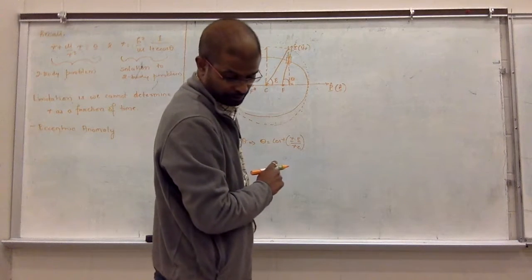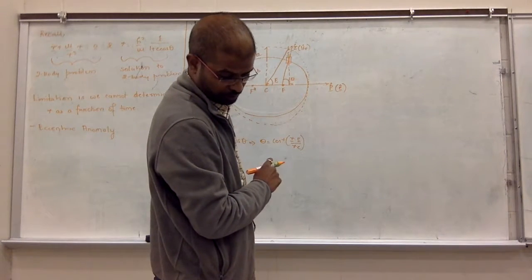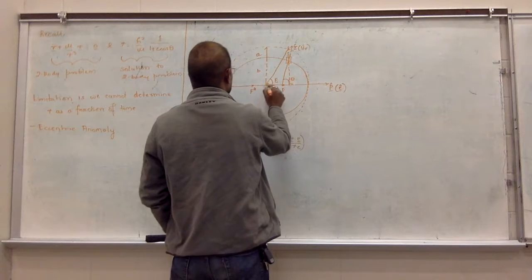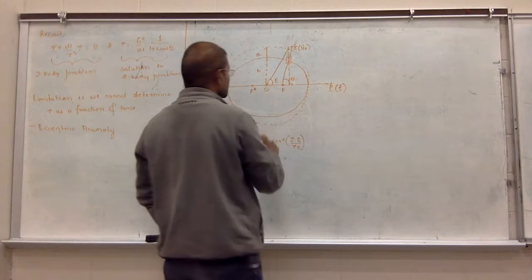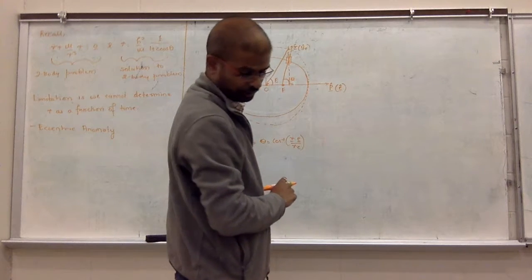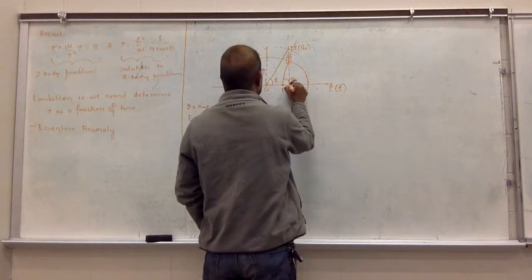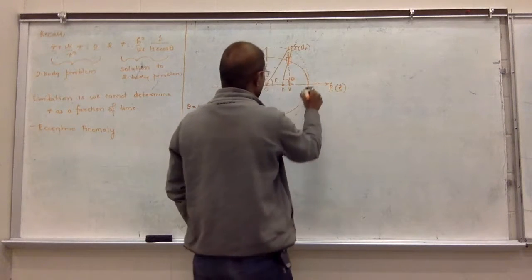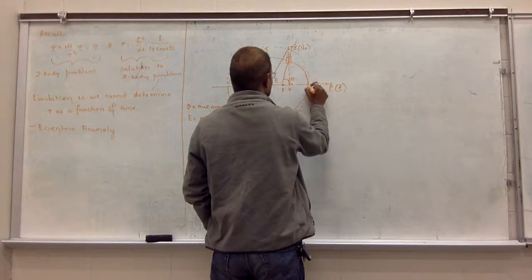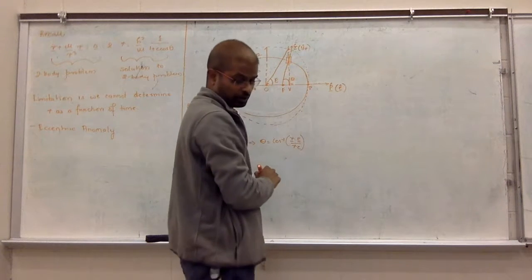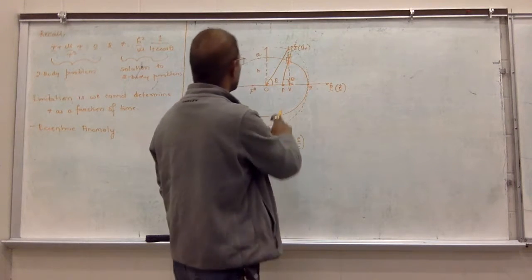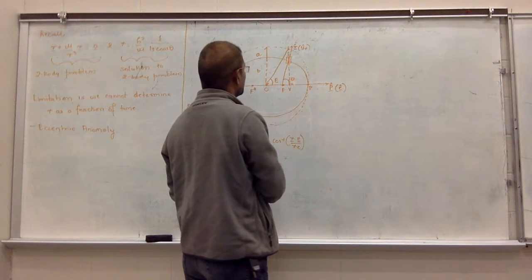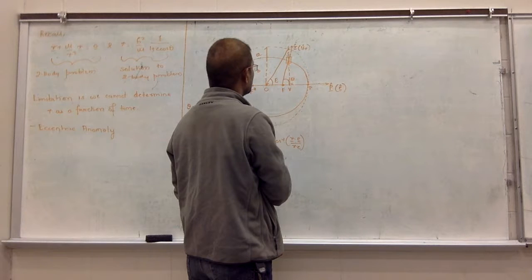I'll name this. So here, let's call this O, F, and let's call this point V, and this point P. O, F, V, P. I'm just going to develop this relationship.